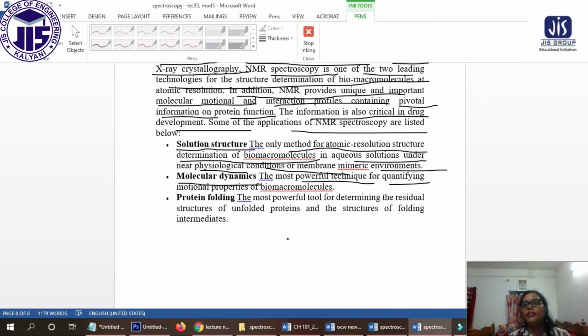Like, you are given some molecules, and you have to identify which one is the chromophore. Can you remember chromophore?